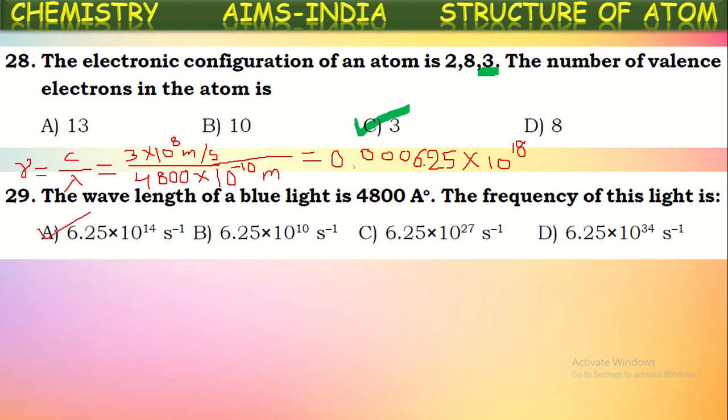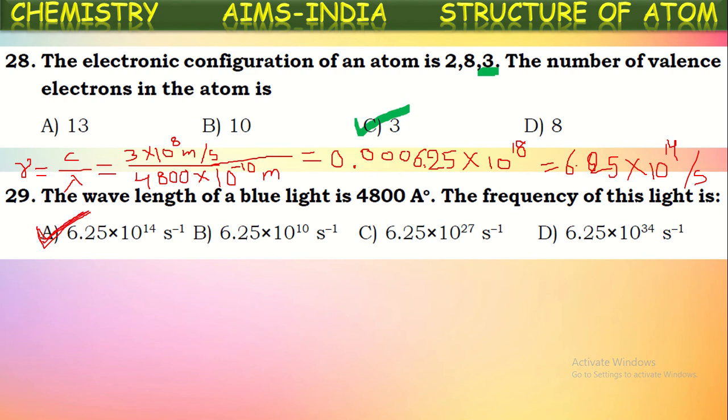Okay, this is the correct answer because here the decimal has moved. So it becomes 6.25 into 10 to the power of 14 per second or second inverse. Okay, this is the answer now.